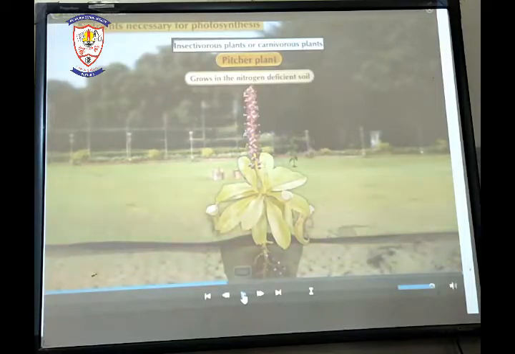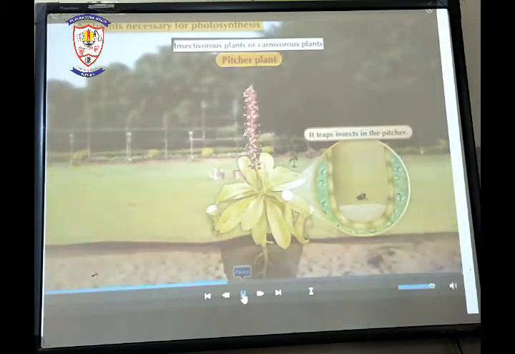It grows in nitrogen-deficient soil, and for its food it traps some insects in the pitcher.